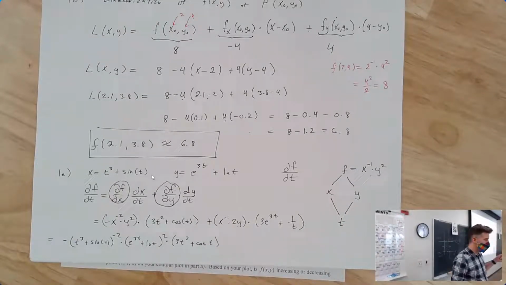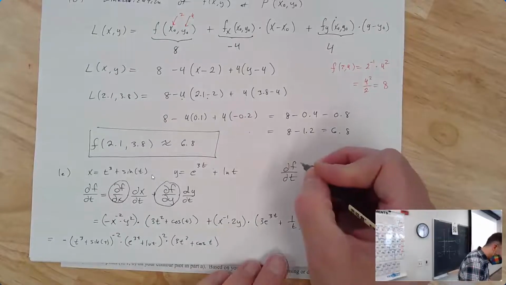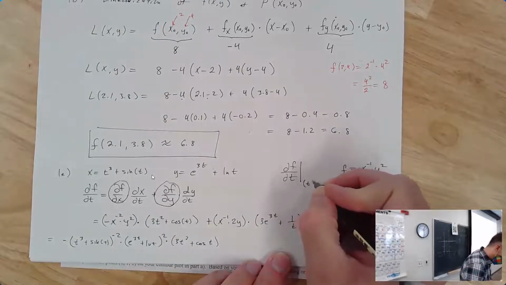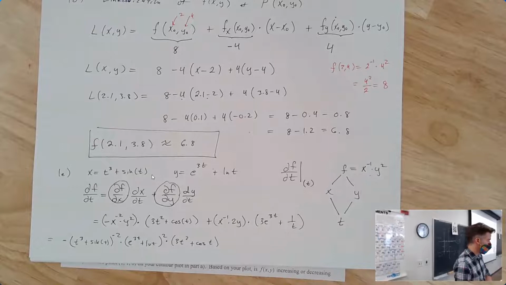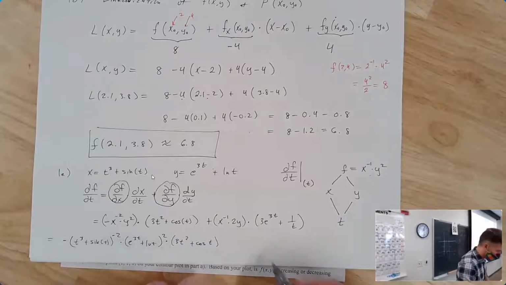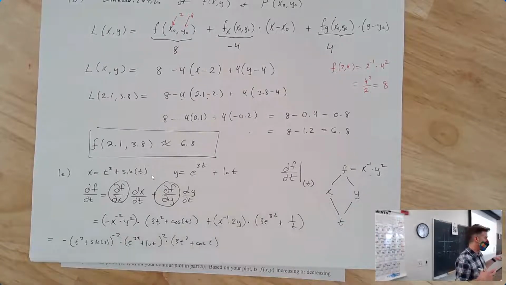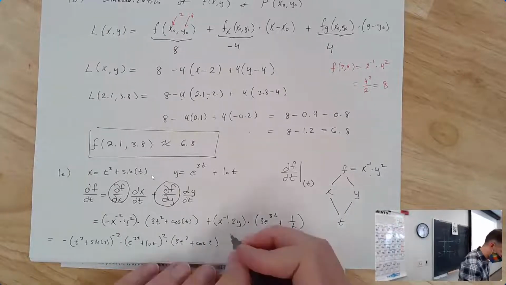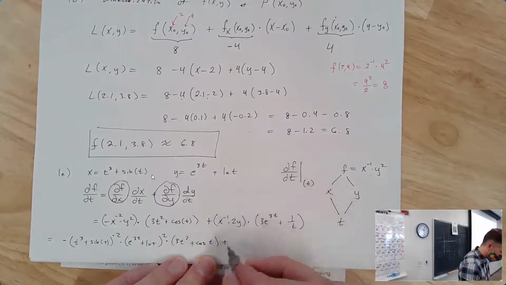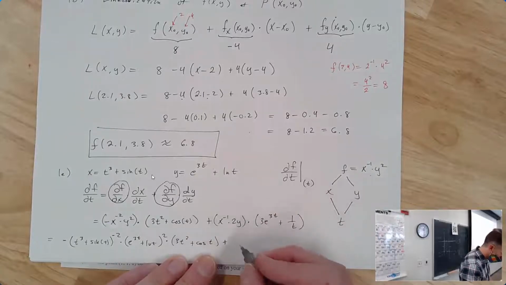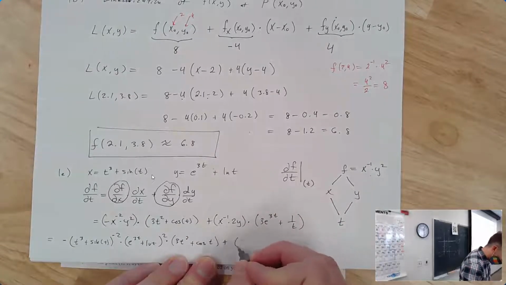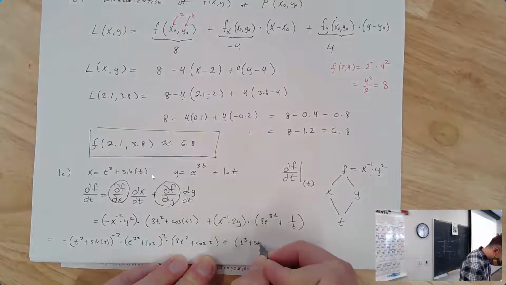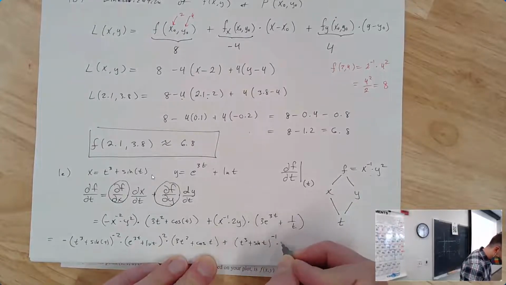They could say find df dt evaluated at t, or df dt with parentheses, right? Then they want you to actually write it as a function of t, like that homework problem where they're like find dh dt evaluated at t. That's when you had to plug in everything. Same kind of idea here. So if they didn't ask for that, you would just leave it in terms of x, y, and t. If they did, you would write out the whole dumb thing, which I'm doing now because I started it and I can't stop.